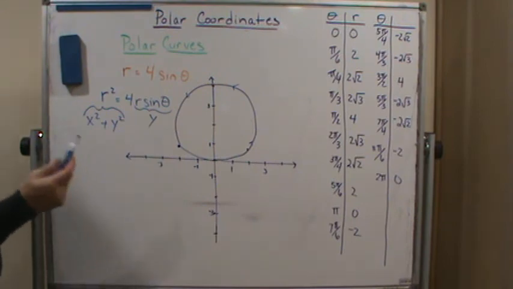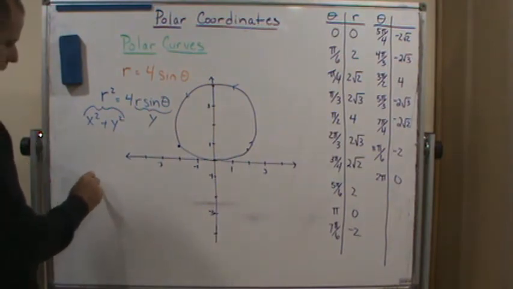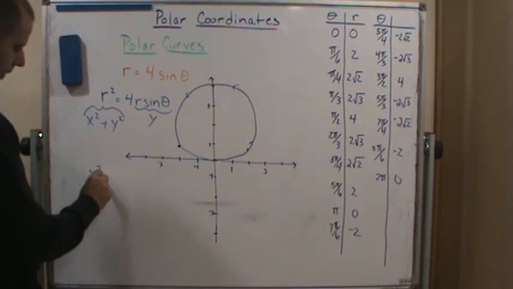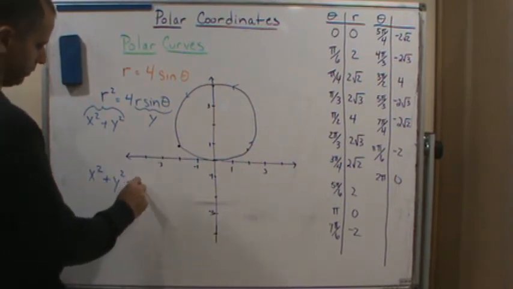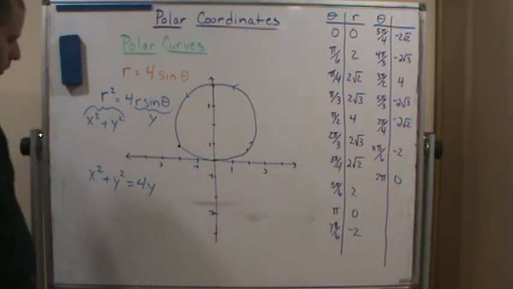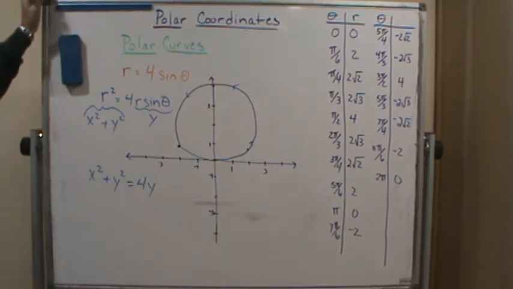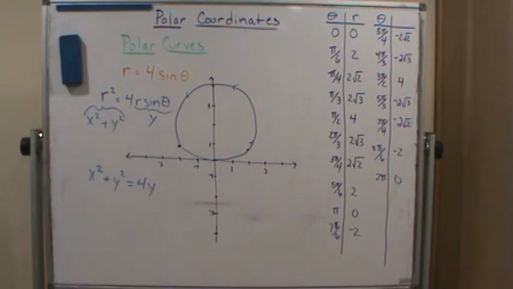So what does our equation become? It becomes x squared plus y squared equals 4 times y. Now, we're not done. Now we want to put it in standard form.